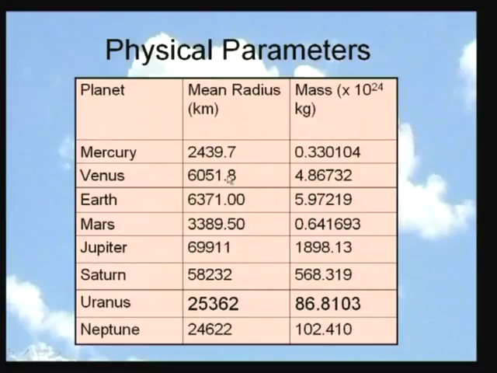Mercury has a much smaller mass, it is 0.3 into 10 to the power 24 kilos, and Mars also has a smaller mass, it is 0.4 into 10 to the power 24 kilos. So, roughly there are two planets which have comparable mass, Earth and Venus, and Mercury and Mars have much smaller masses, 10 times smaller. Mercury is the planet with the smallest mass.